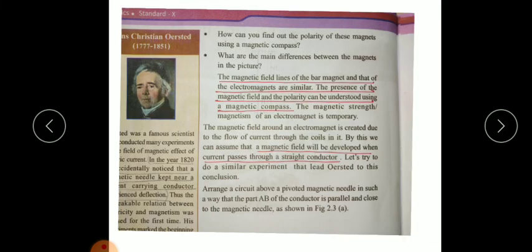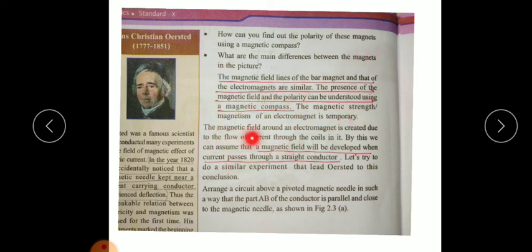So the magnetic field lines of the bar magnet and that of the electromagnets are similar. The presence of the magnetic field and the polarity can be understood using the magnetic compass. By using a magnetic compass, we are able to determine the magnetic field as well as the polarity. So underline these in your textbook. Okay, these are the important points.